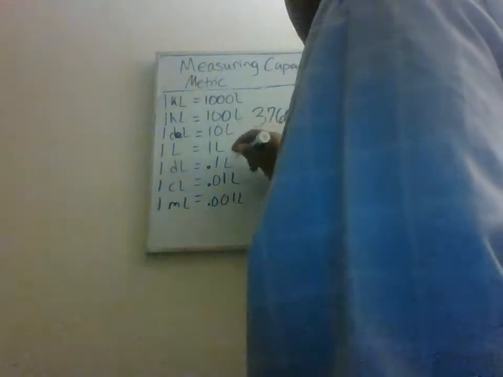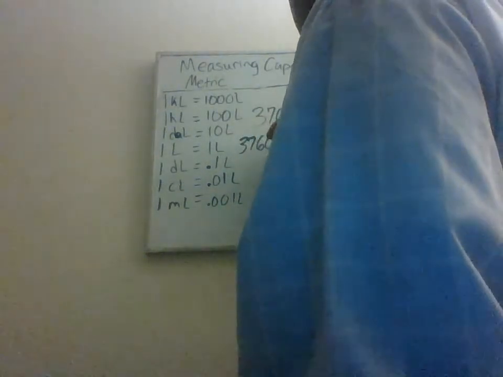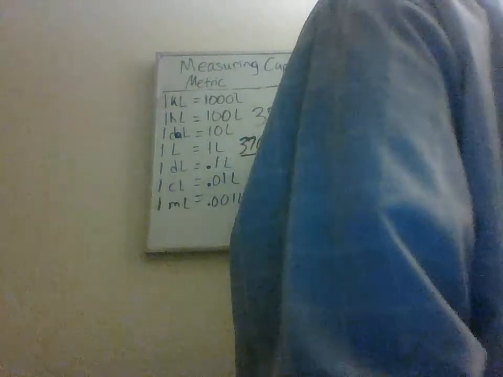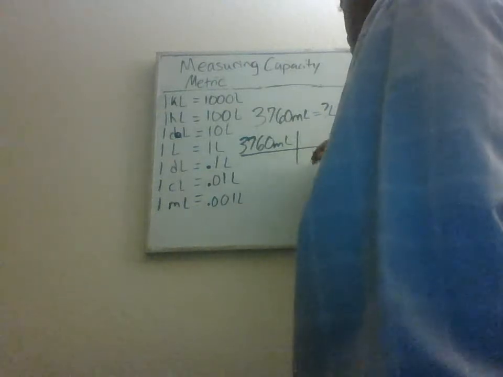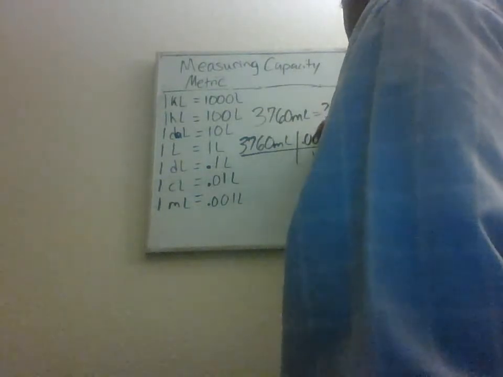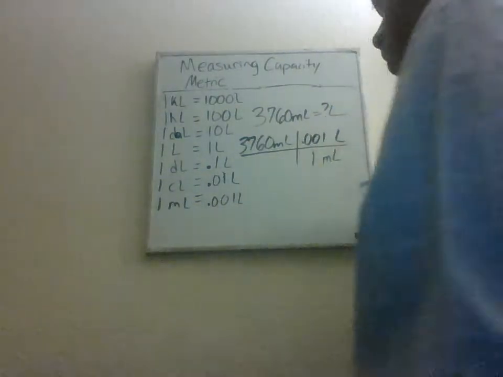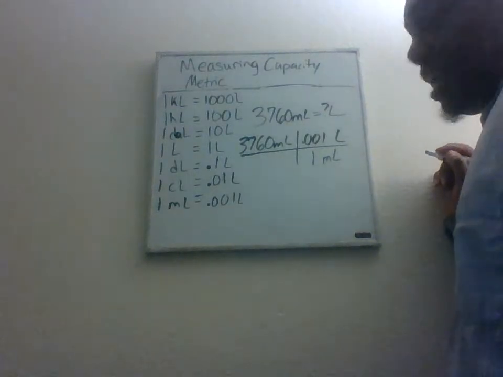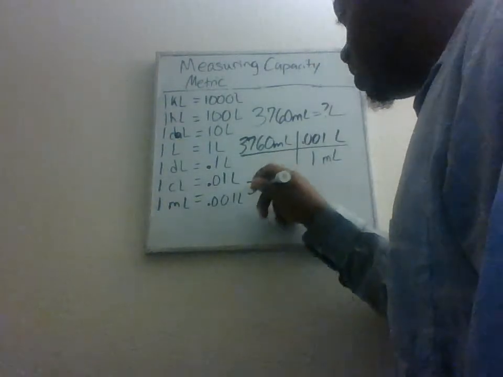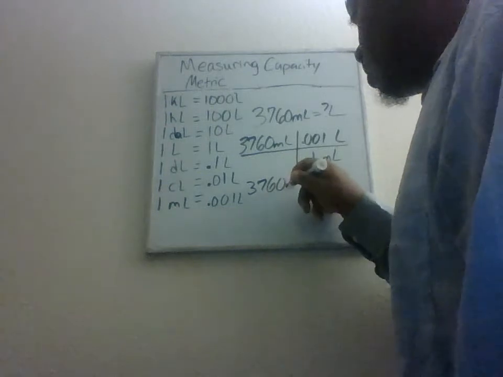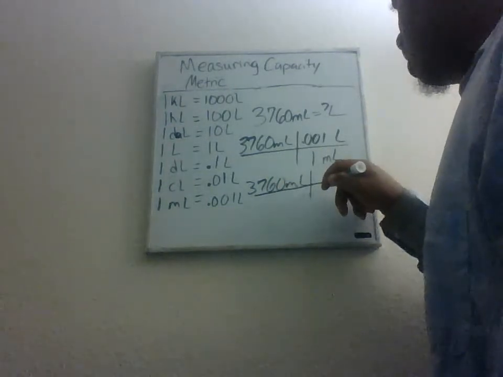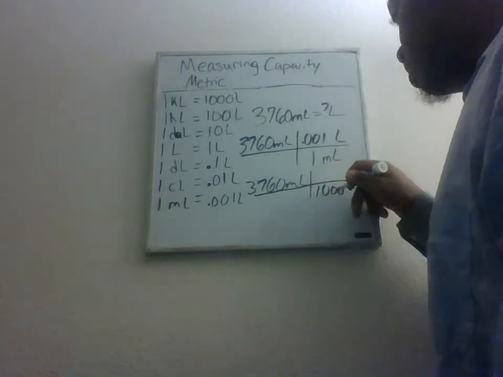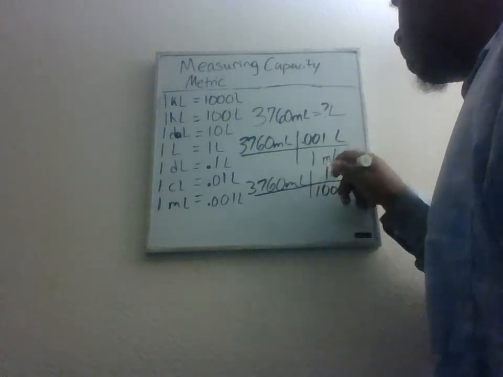Well, what do we know? We know that 1 milliliter is equal to 0.001 liters. And if you don't like that notation, that's fine. You could do it the other way, with having your 1,000 milliliters here and your 1 liter here.